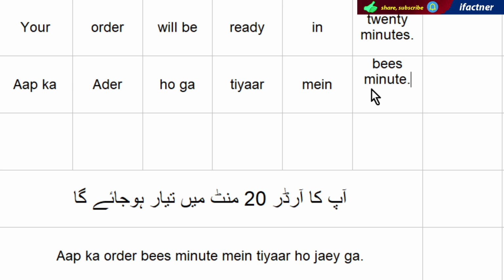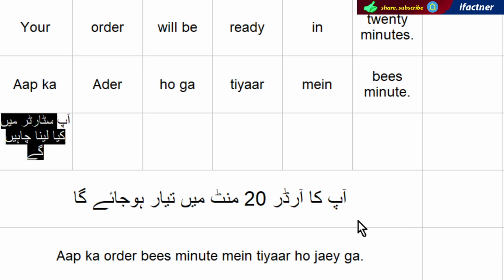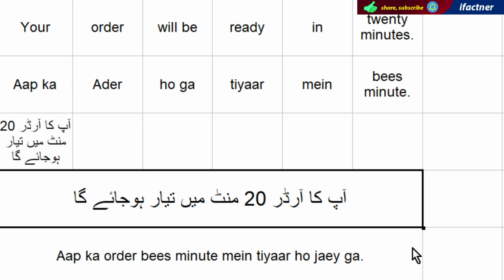Now let's see how we spell आपका ऑर्डर होगा तैयार में 20 मिनट in the Urdu language. So आपका is two words, alif mada and pe sakin, aap, and kaf, alif, ka. Aapka.